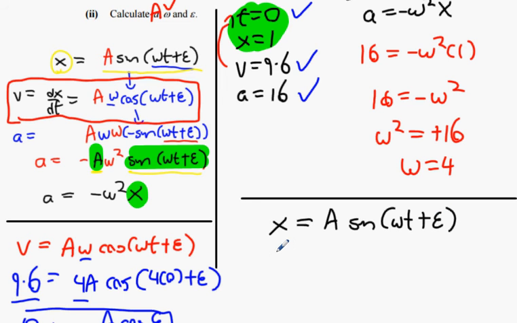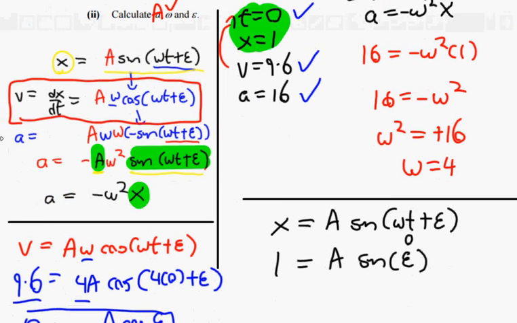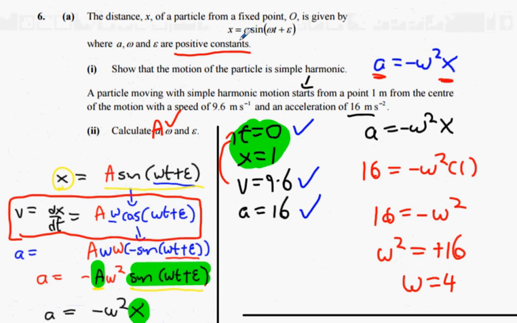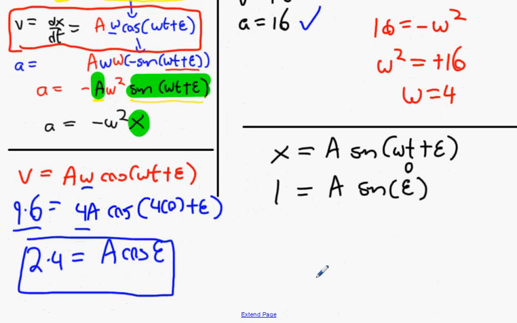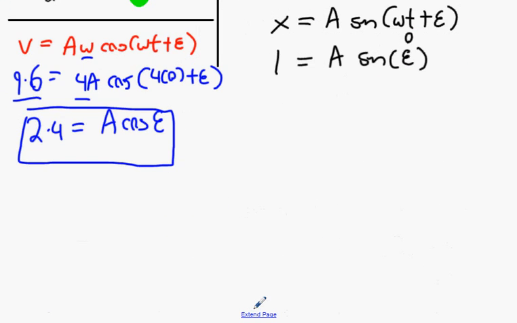Fair enough. 1 meter. Amplitude, we haven't got a clue what it is. I know the time is 0, so 4 times 0 is going to be 0. Epsilon. It specifies in the question, part 1. Okay. Now, I'm going to divide one of them by the other.